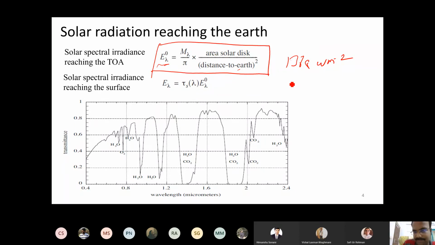Just to give a glimpse. We have Planck's law or Planck's equation, right? Integrate the Planck's equation within the wavelength or bandwidth of your interest. Especially at the sun's temperature, roughly 5800 Kelvin, you will get what the sun is emitting at that temperature.